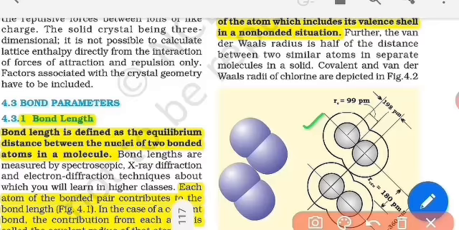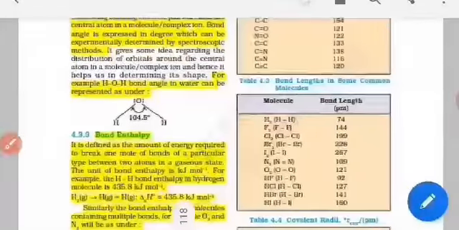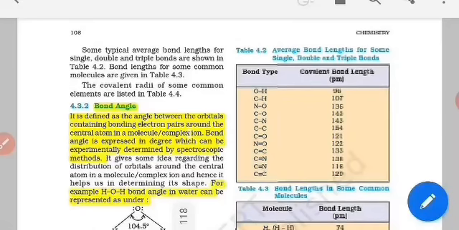It is shown here. This is the covalent radius and this is the van der Waals radius. So, lattice enthalpy depends upon bond length also. The greater the bond length, the lesser the bond enthalpy or lattice enthalpy.